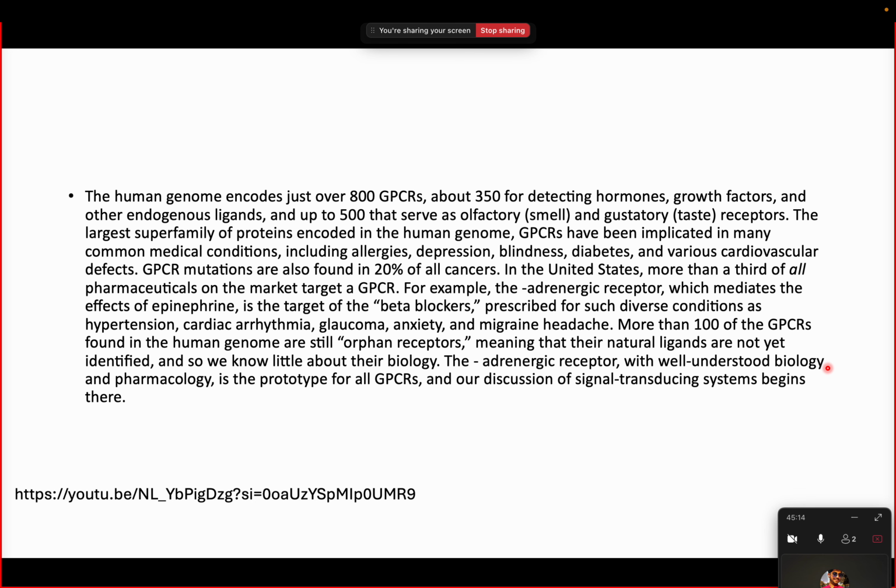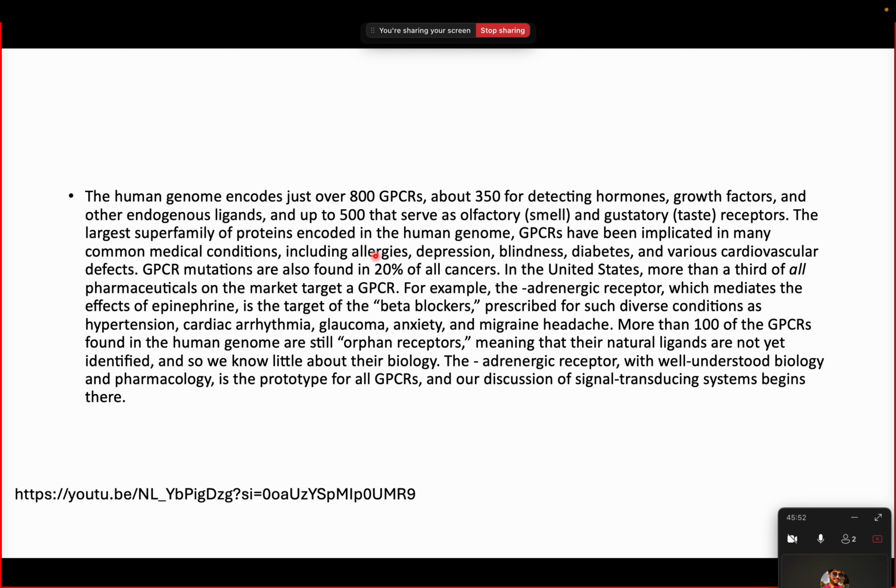The largest superfamily of proteins encoded in the human genome, that is GPCRs, have been implicated in many common medical conditions, including allergies, depression, blindness, diabetes, and various cardiovascular defects. GPCR mutations are also found in 20% of all cancers. So you can see, if there are around 800 GPCRs encoded by our genome, the chances of them being involved in most of our diseases is pretty high, right?